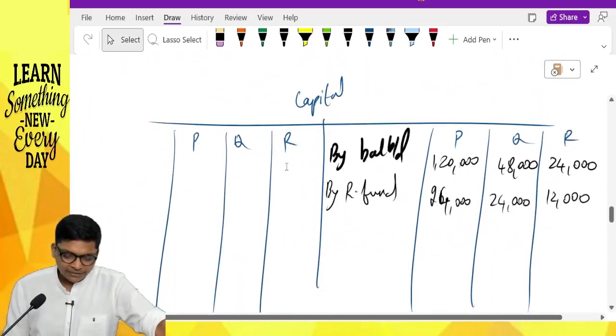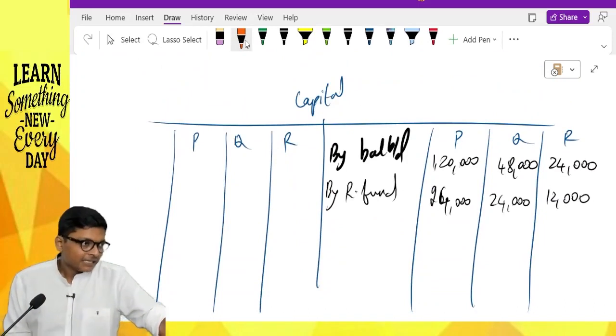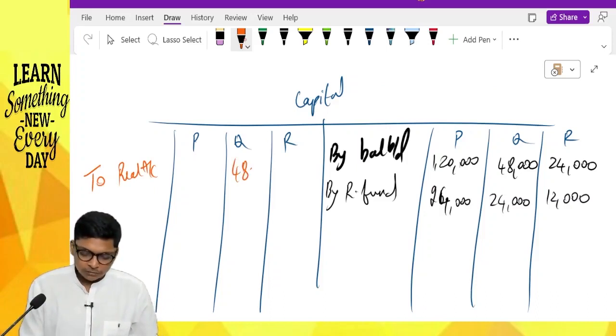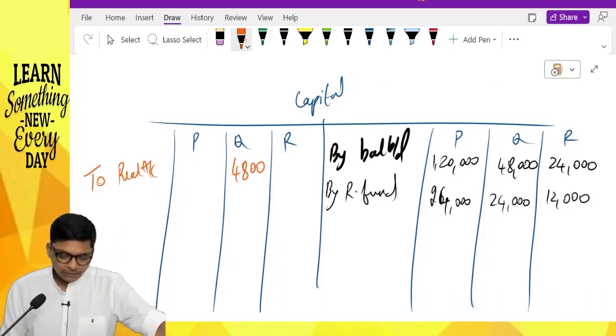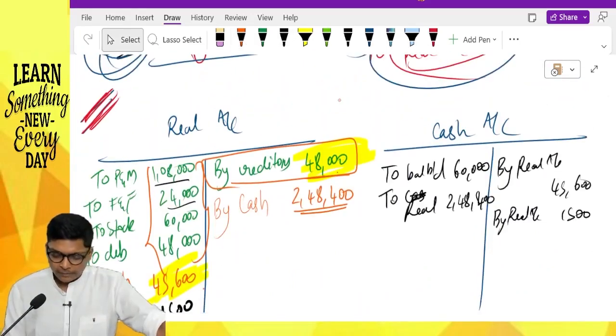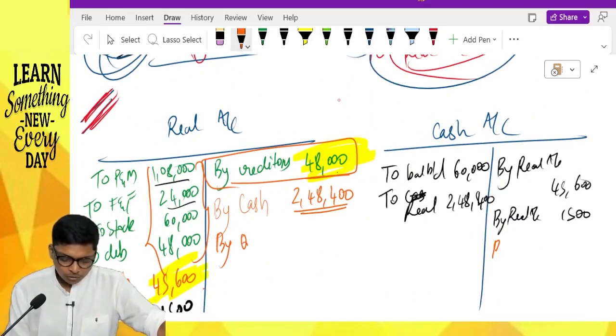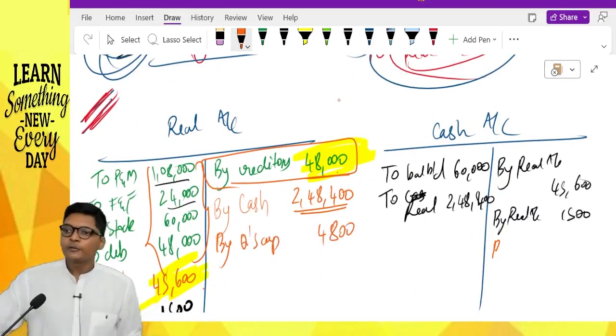In Q's capital, which side? Debit side to realization account, how much? 4,800. In the cash account, yeah, realization account by Q's capital 4,800. Are you all able to follow, guys?